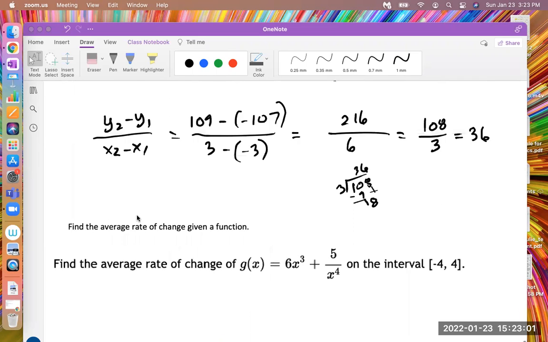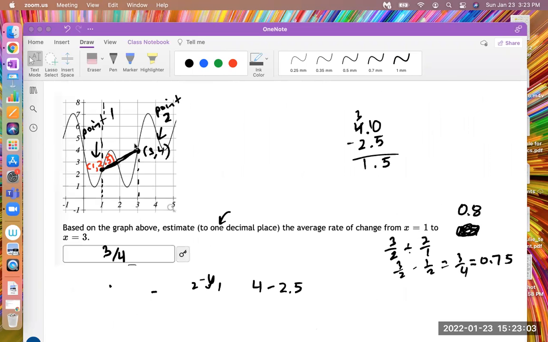To find these, we still have to find the 2 points, but what we have to do is plug in the given x value at the end. It's important we use the x value at the beginning of the interval and the x value at the end of the interval, just like average rate of change over the entire interval.